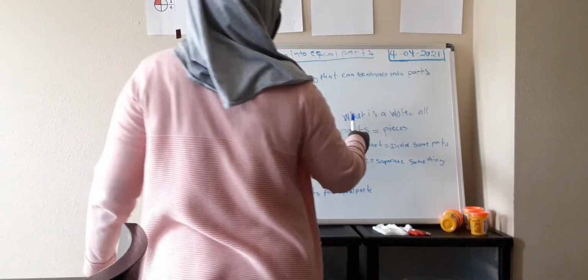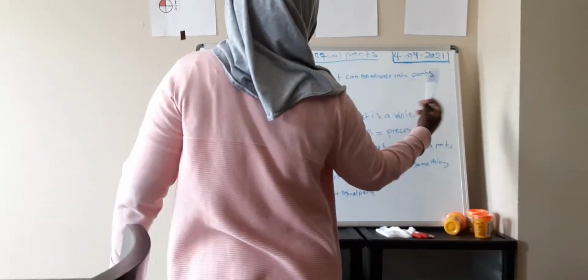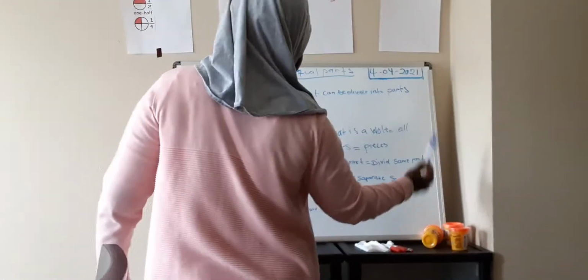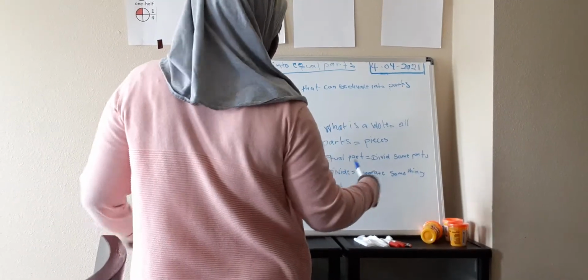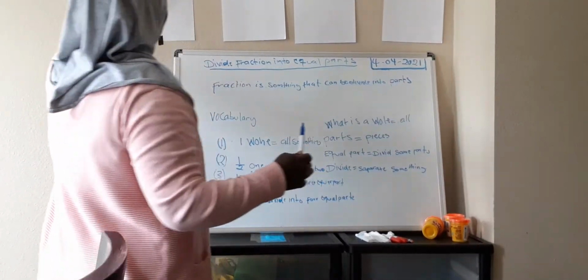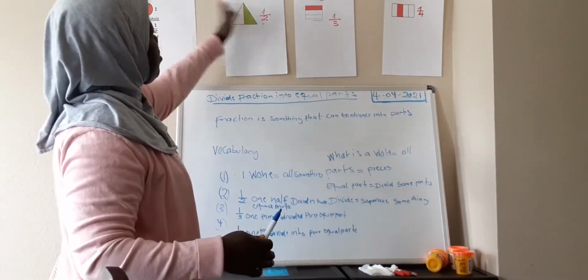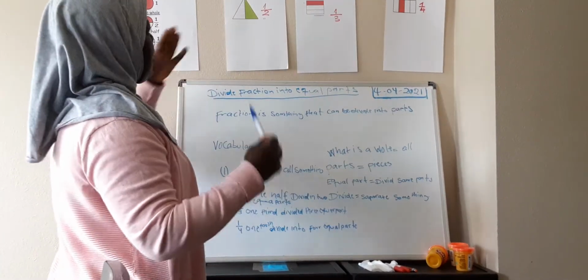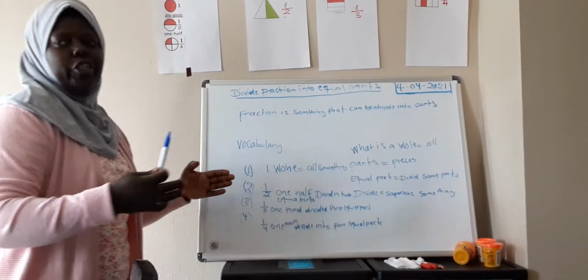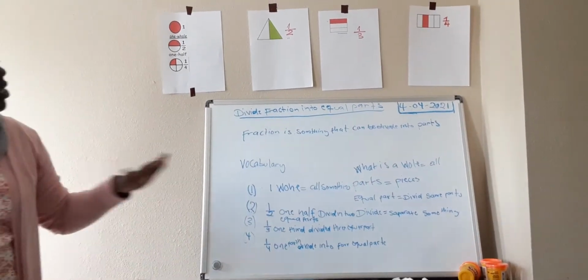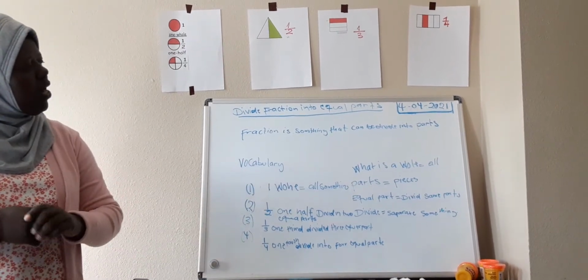And what is a whole? A whole is all. Part is pieces. Equal is dividing the same part. Divide is like separate. When we divide, we separate it. One goes this way and one goes that way. That's one of the basic definitions that I can think of. I hope it's making sense to everybody.